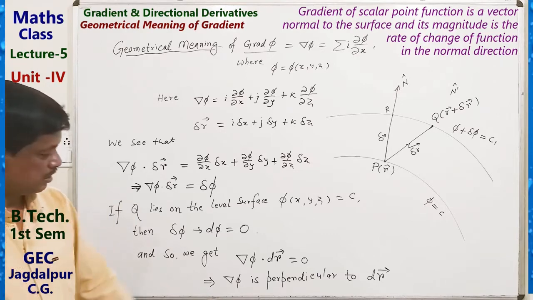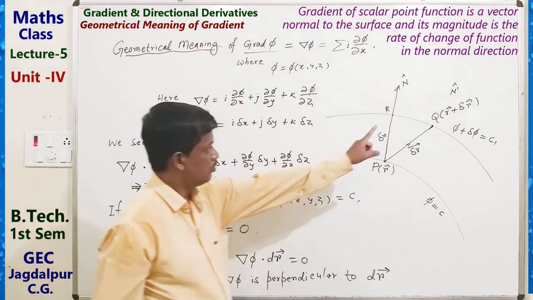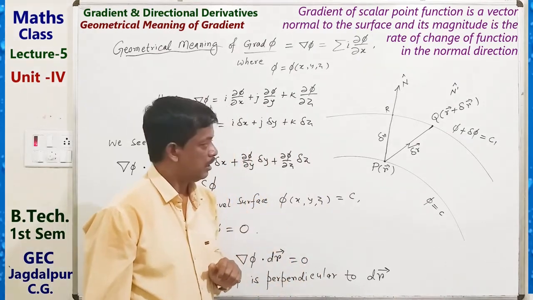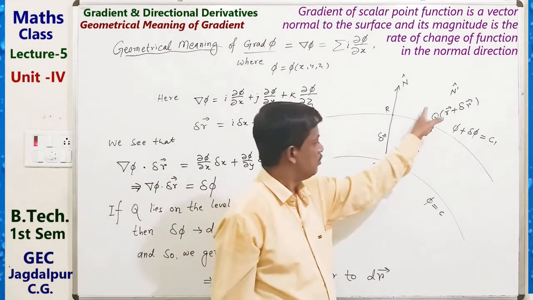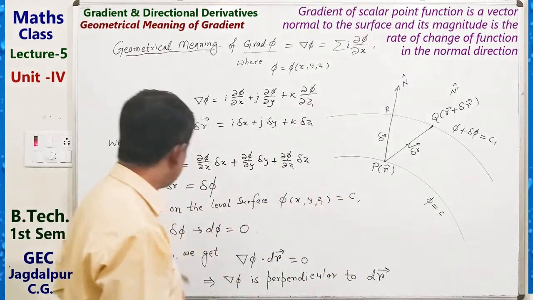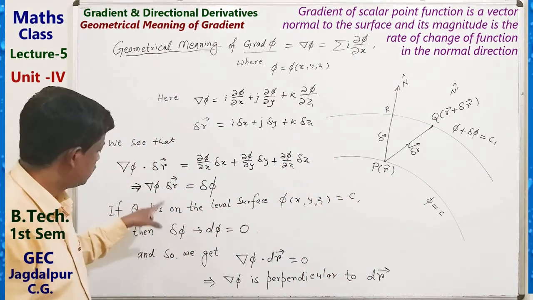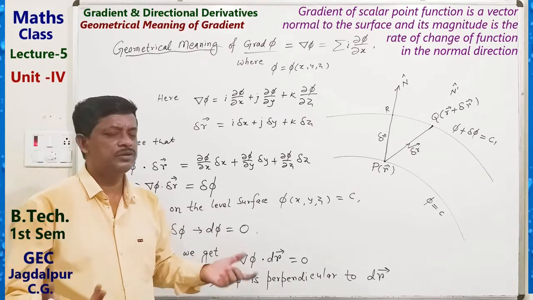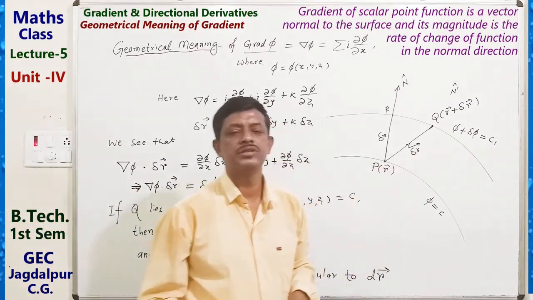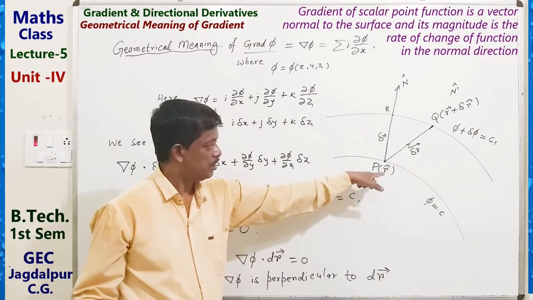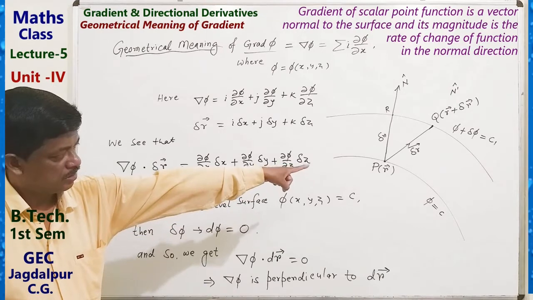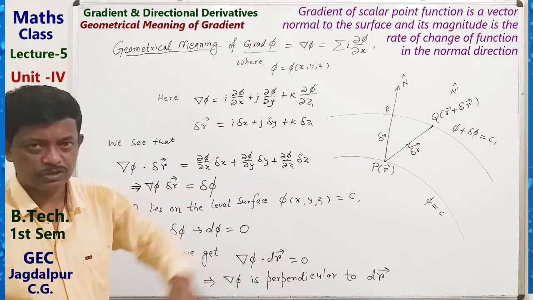Okay, q lies on this, and when q lies on this, that means delta r tends to 0. So delta phi tends to d phi also, and here delta phi will also be 0 when q lies on the level surface phi equals c.